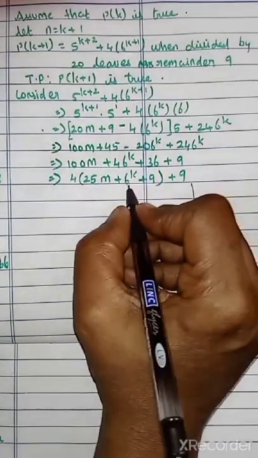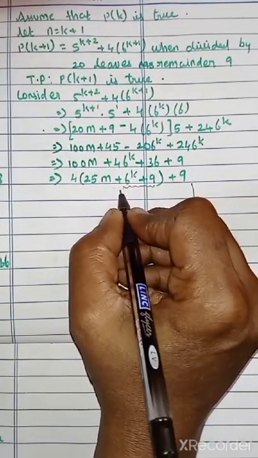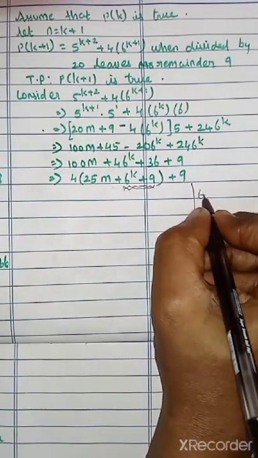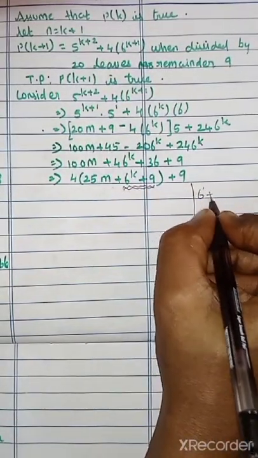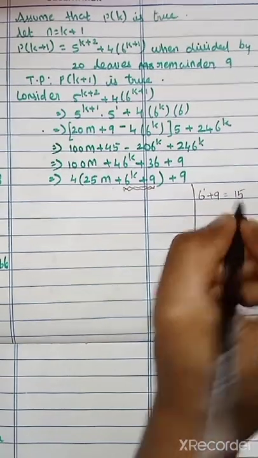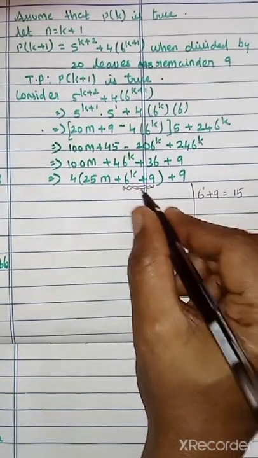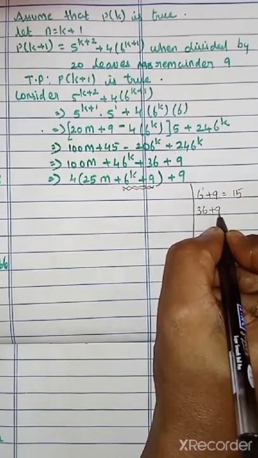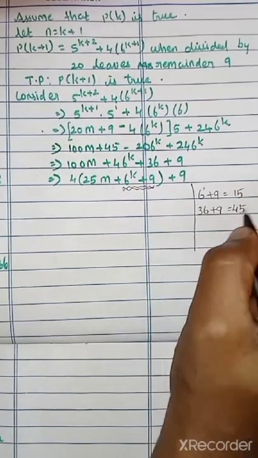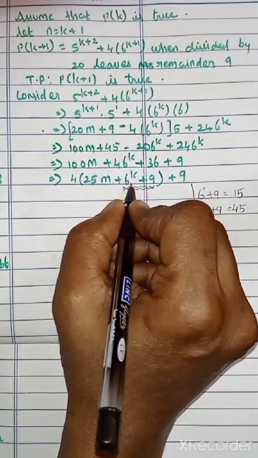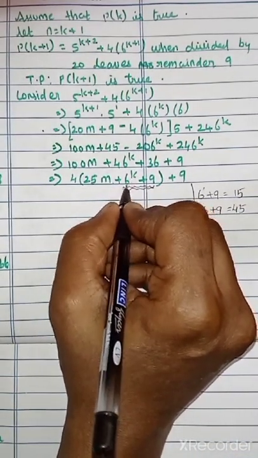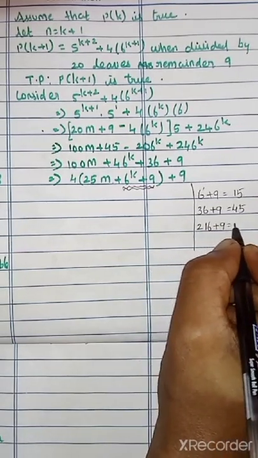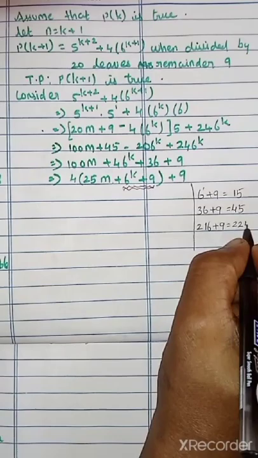And instead of this 6 power k plus 9, okay, if I substitute k equal to 1, this will become 6 power 1 plus 9, which is equal to 15, right? Now if I take k equal to 2, 6 square is 36 plus 9, which is equal to 45. If I take k equal to 3, 6 cube is 216 plus 9, which is equal to 225.